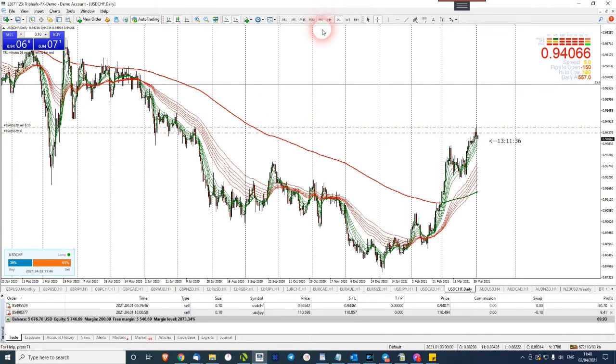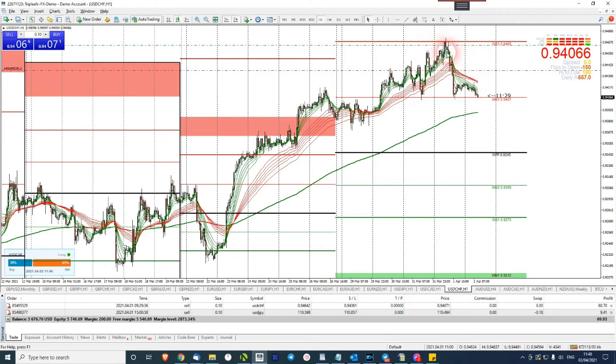So if you've got an area of interest that coincides with the pivot area, there's a very good chance you're going to get a short opportunity. So I went short at WR1, and this trade now has progressed. What's it made so far? We are 60 pips up.